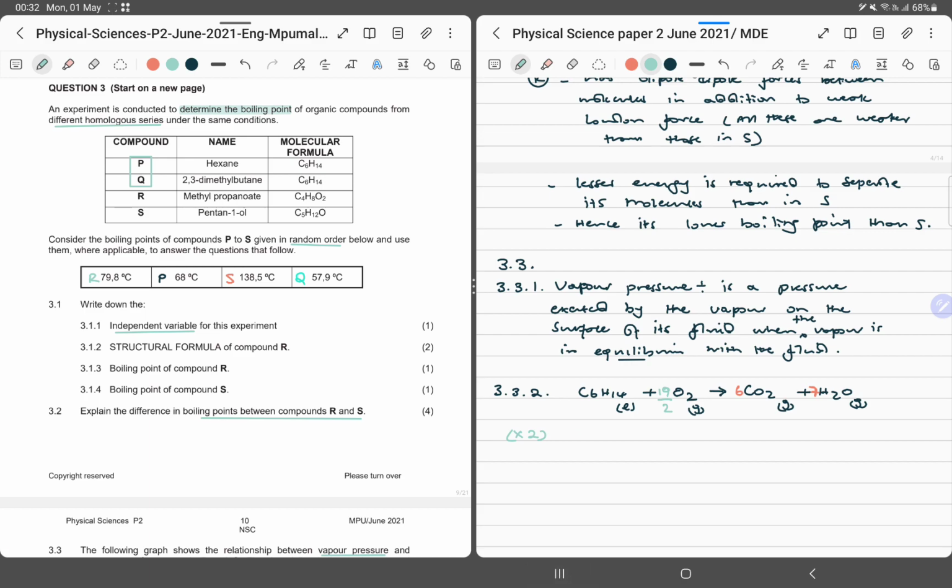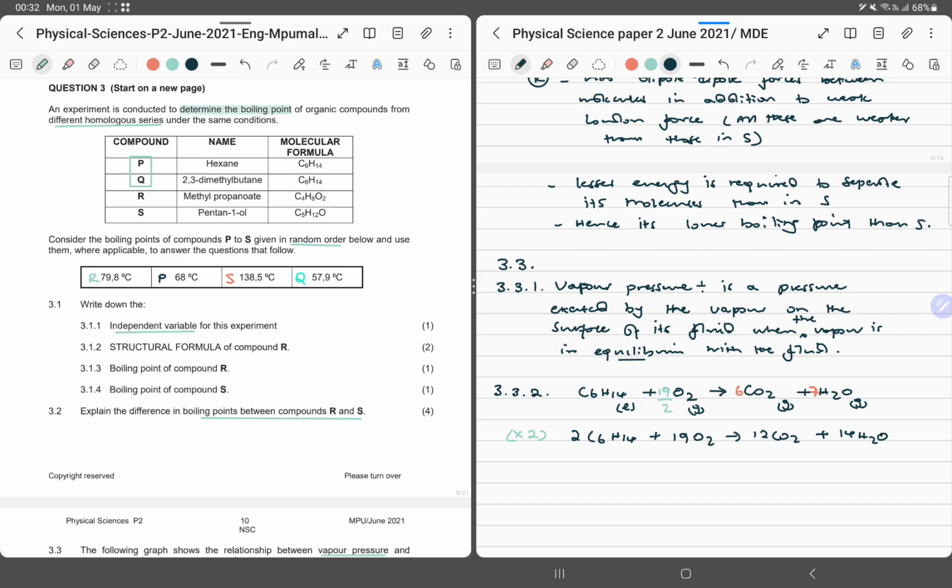So we're going to end up with now 2 C6H14 plus 19 O2, giving us 12 CO2 plus 14 H2O.